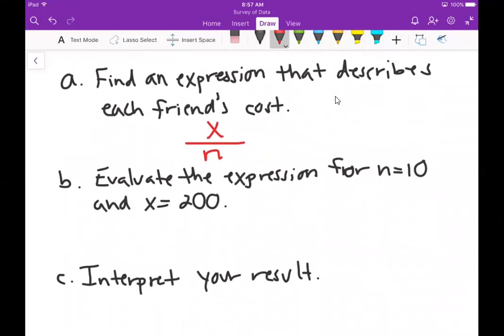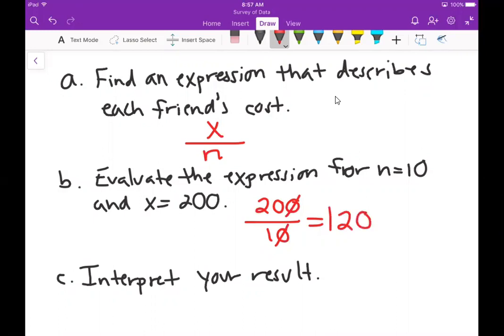Now, if we evaluate that expression for x equals 200 and n equals 10, then I need to take 200 divided by 10. You remember your quick division there, the zeros will drop. 20 divided by 1 is 20.